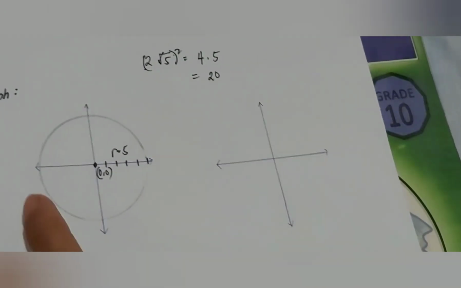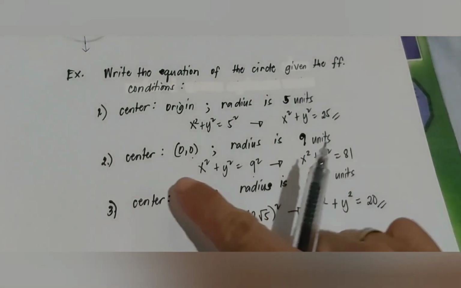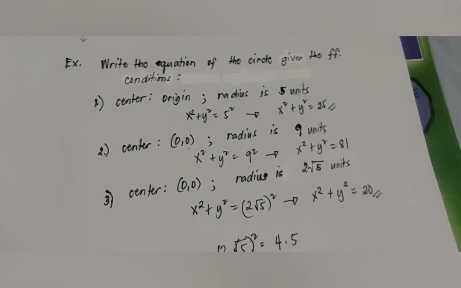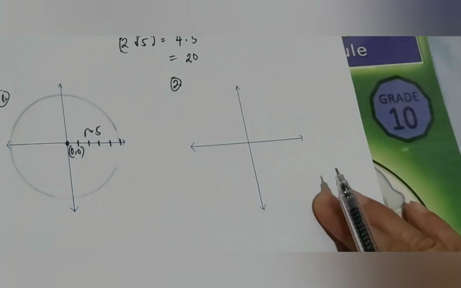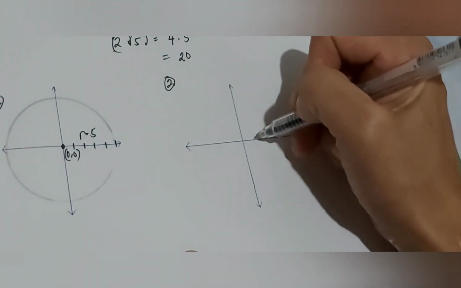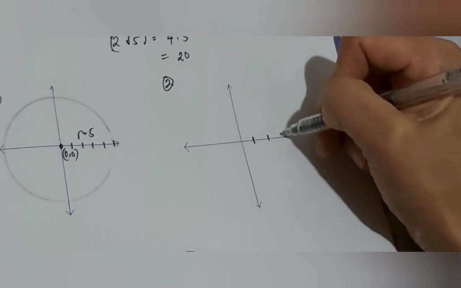Okay? For the other one, this is number 1, and this is number 2. Let's take a look at number 2. The center is the origin and the radius is 9 units. Since we can manipulate our Cartesian plane, for 9 units we can count by 3s: 3, 6, 9.